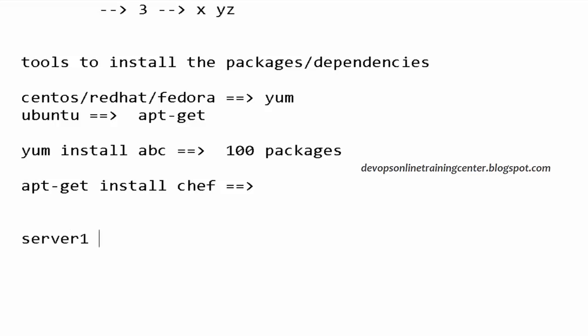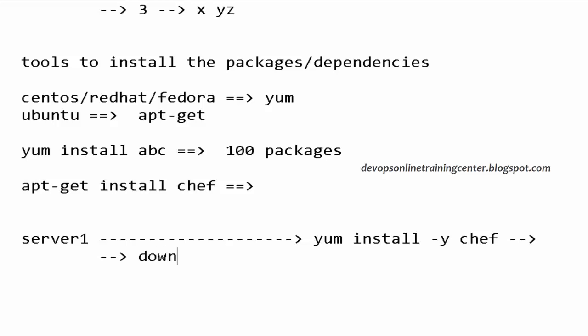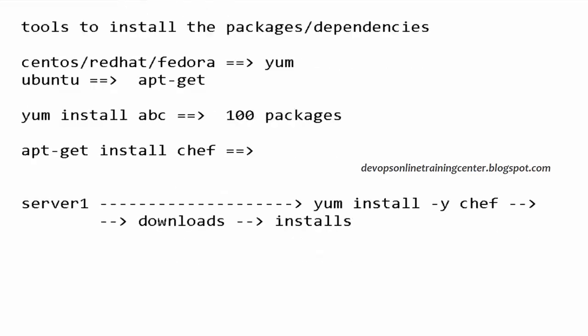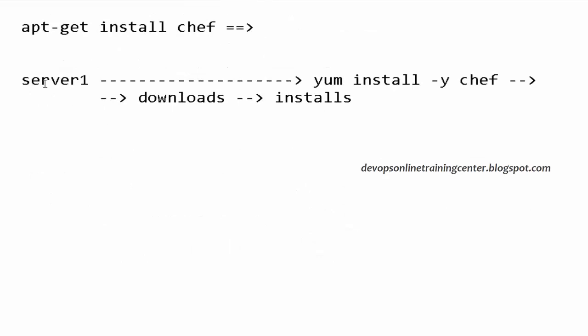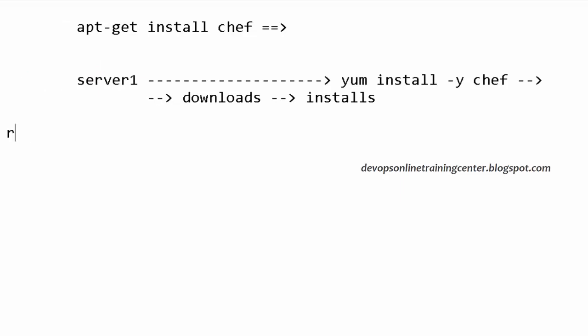So I have server 1, a Vagrant installed machine, and when I say yum install, let us say chef, it connects to a centralized server where all the chef packages are stored, downloads them first, and then installs on the machine. The information about where to download from is mentioned on server 1. That is called repository configuration.